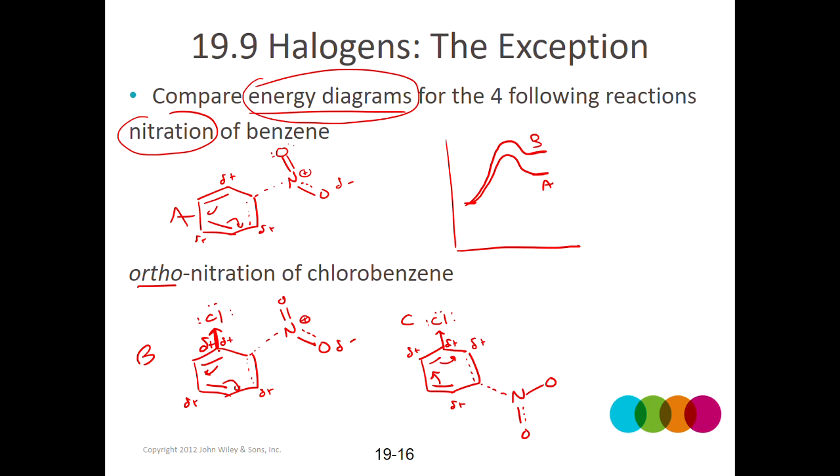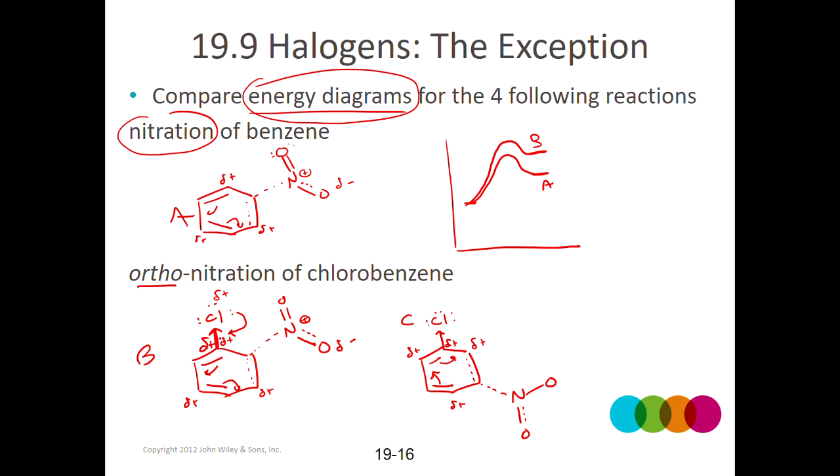This one has a disadvantage that I've got lots of positive all in one carbon, but I can't forget that the halogen can also donate electrons through resonance. So by shifting electrons in there and helping to share some of that positive onto the chlorine, that would really diminish the amount of positive right on that carbon.